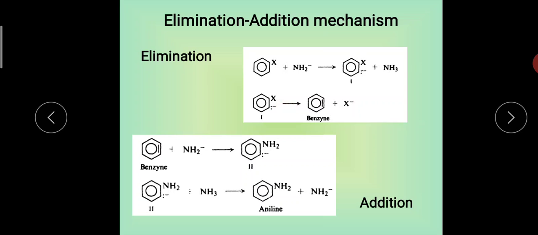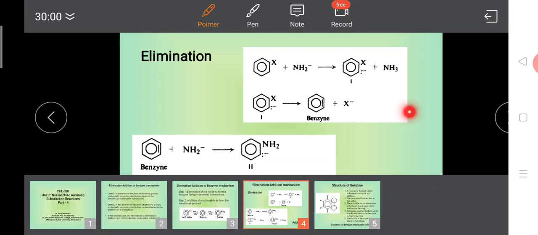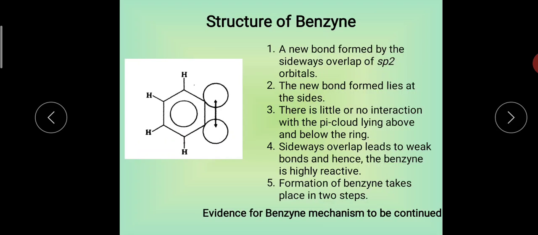Okay, so now let's have a view of the structure of the intermediate that is formed, that is the structure of your benzyne. As I told you before, this is the new bond that is formed in your benzene ring, right? And this new bond is formed by the sideways overlap of your sp2 orbitals on the carbon.